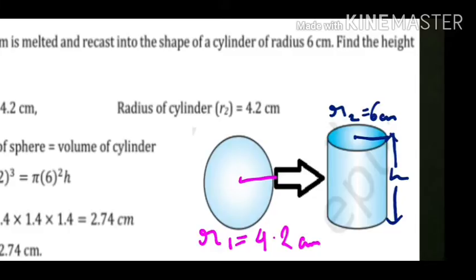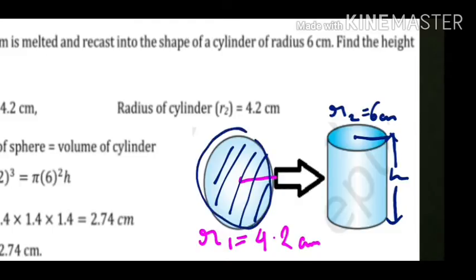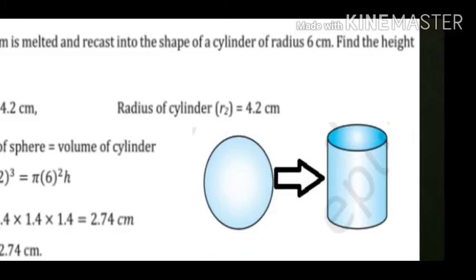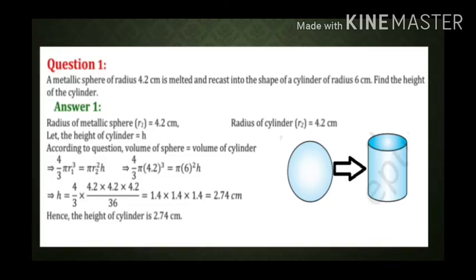Now as you can see, this sphere is melted and recast into this cylinder. That means the volume of the material in this sphere is equal to the volume of the material in the cylinder. The volume of the sphere is 4/3 pi r1 cube, and the volume of the cylinder is pi r2 square h.